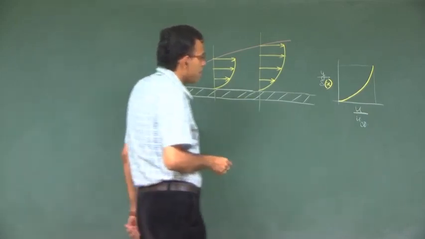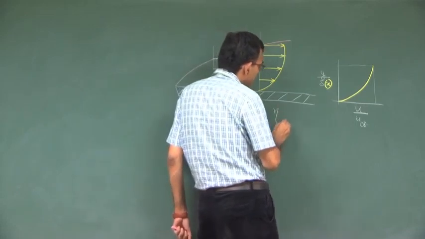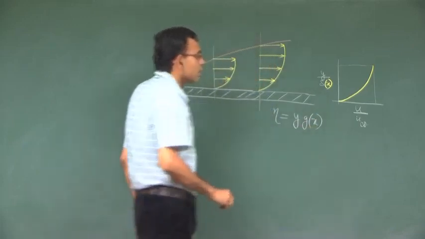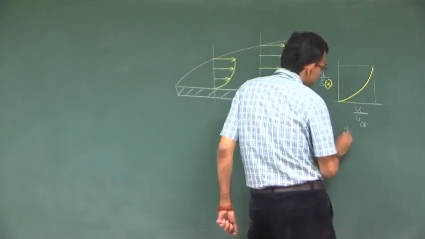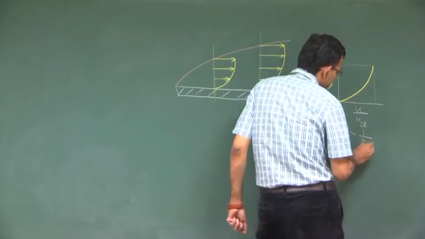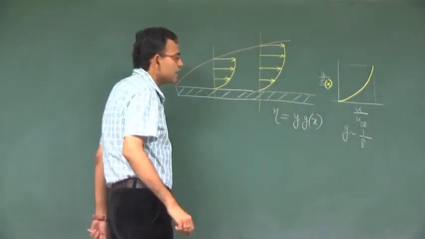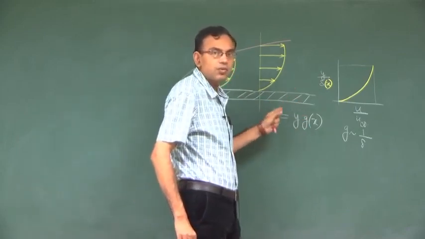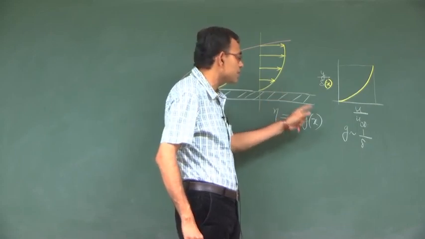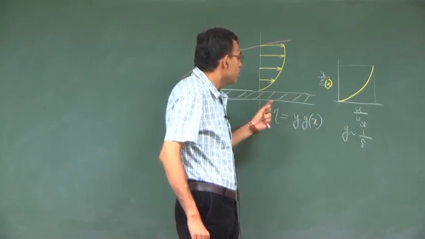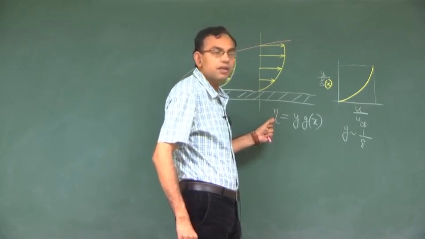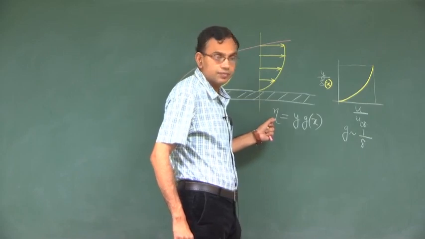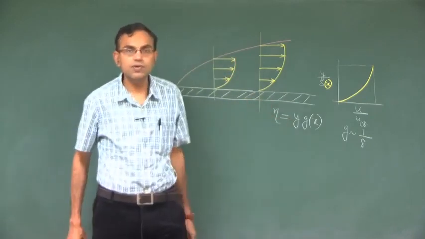Now, if you define a variable eta equal to y into g(x), where this g(x) will scale with 1 by delta, and if we are able to transform the partial differential equations which describe the boundary layer into an ordinary differential equation expressed with this as the independent variable, then we can say that this problem is self similar. That means a similarity transformation exists.